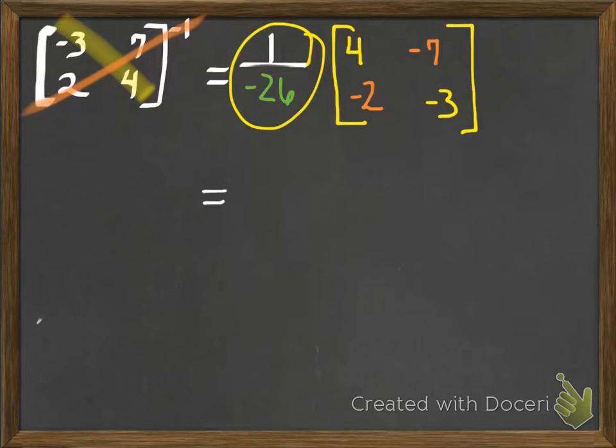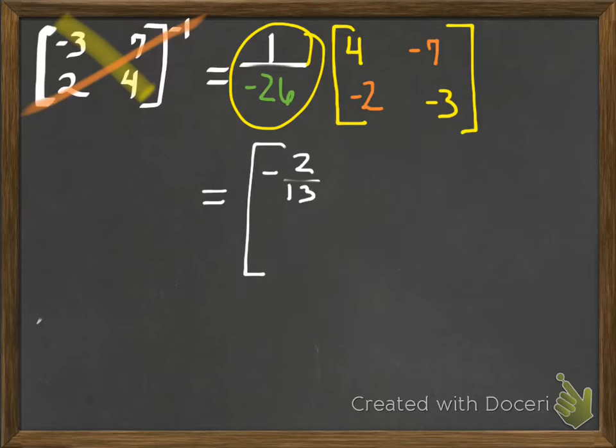And so our final answer is going to be negative 4 divided by 26. Can 4 over 26 reduce? They're both divisible by 2, so that gives us 2 over 13. So all that was reducing.